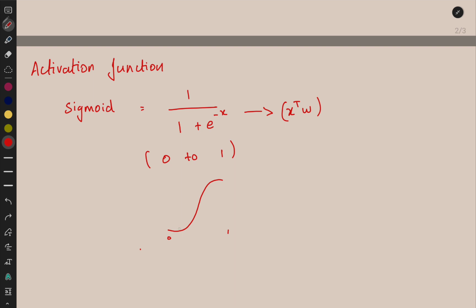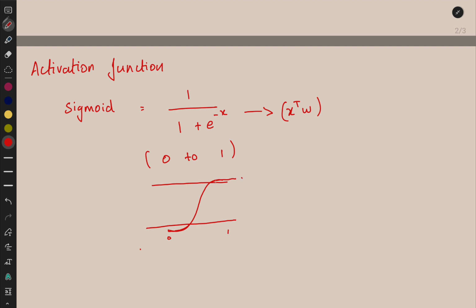In this curve you can see the values at the top and at the bottom. If the value is very small or very large, we try to squeeze the value.